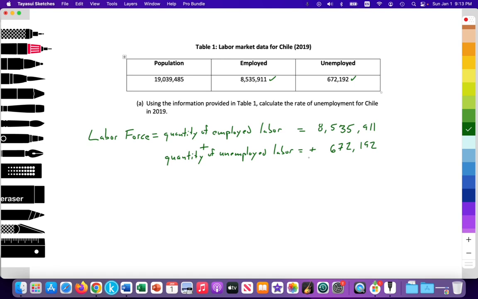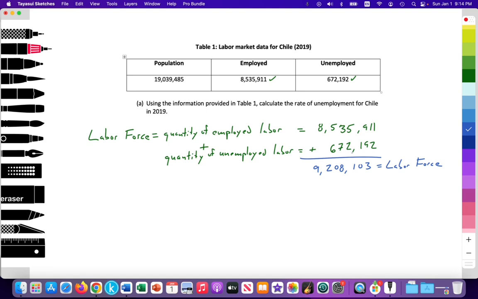Okay, so we're going to add these two together. So the quantity of our unemployed is 672,192, and here we have the employed. So we add that up, and then we get our labor force. And our labor force is equal to 9,208,103. So this is our labor force.